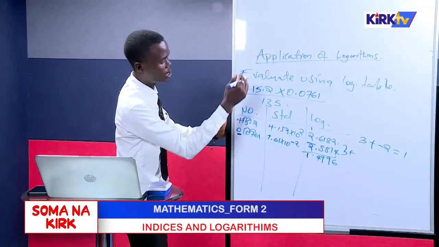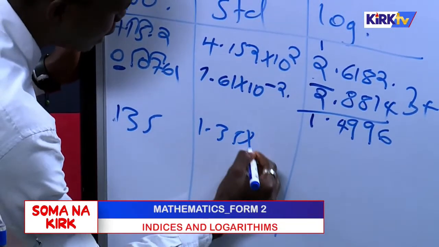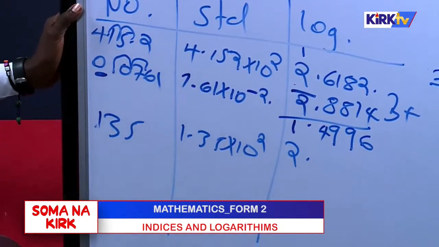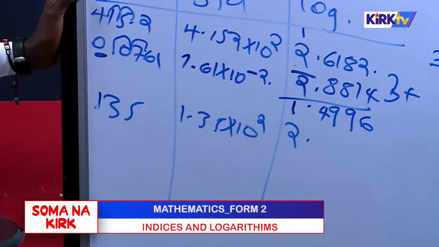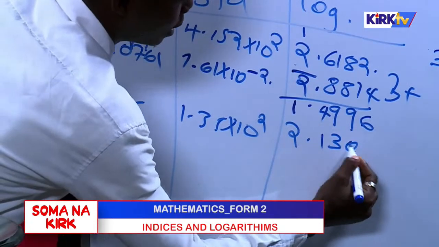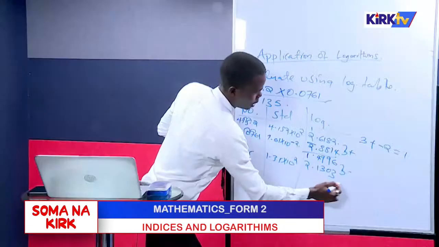We move to the denominator, which is 135, which will be 1.35 times 10 raised to power 2. 2.1303. What do? We minus. Why? Because of the sign.